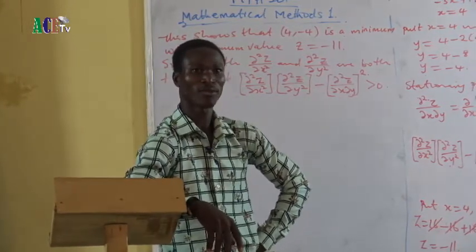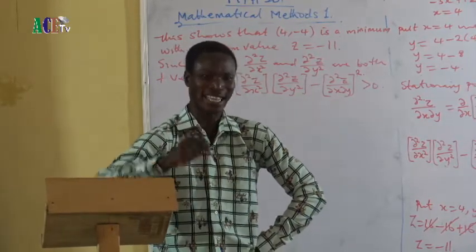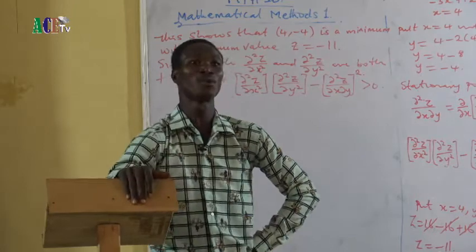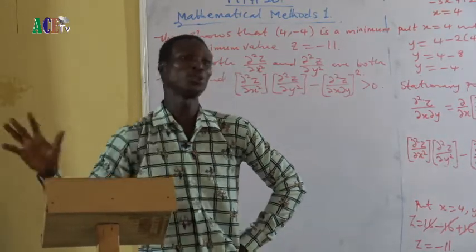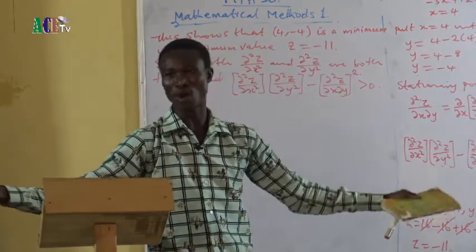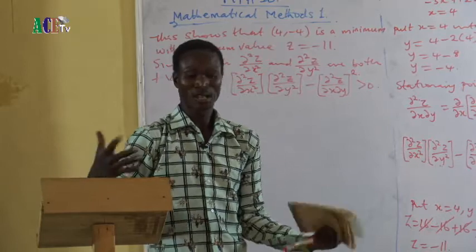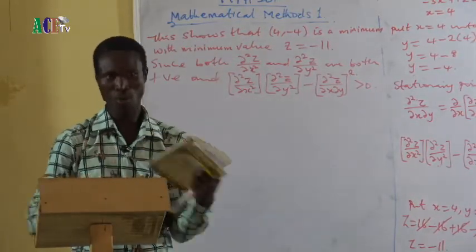If it happens like that, we say it is a saddle. I cannot determine whether it is minimum or maximum, like a company that makes no profit and no loss, just staying at one point.